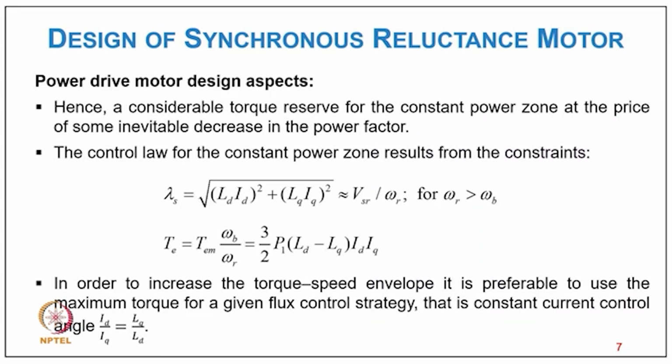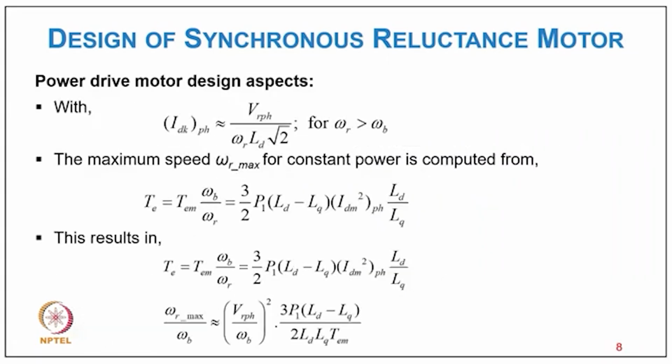In order to increase the torque speed envelope, it is preferable to use the maximum torque for a given flux control stage, that is constant current control angle, with Id upon Iq equal to Ld upon Lq, or Lq upon Ld.